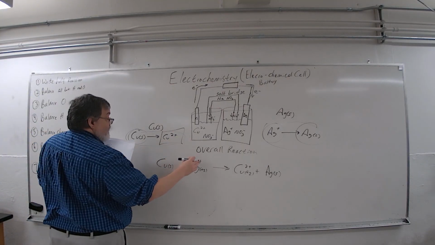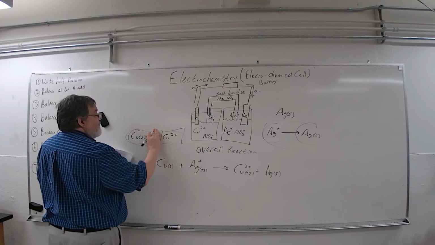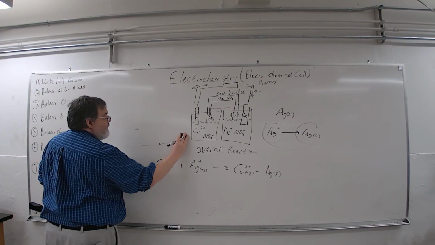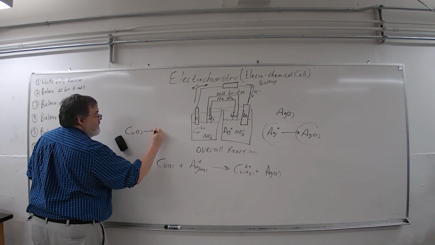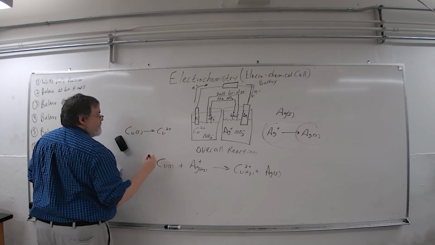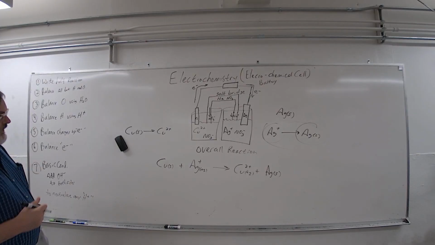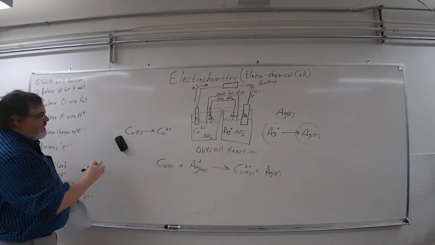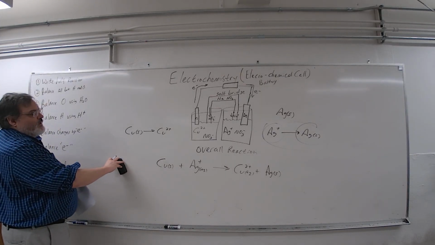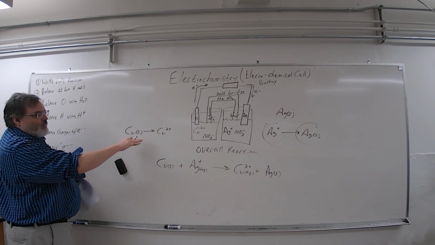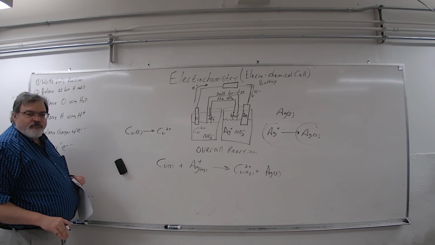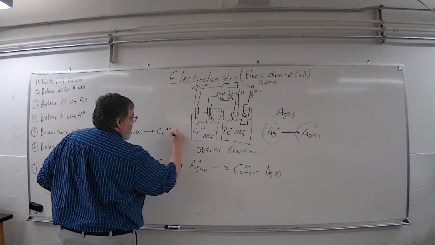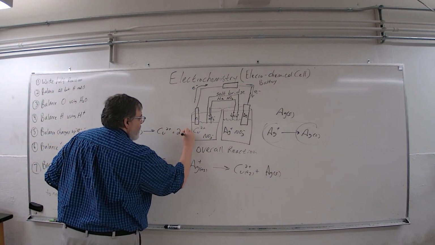So over here, you also typically write Cu solid becoming Cu2 plus. Okay. If I wanted to include the electron here, where would I write it? Left or right? Right side. I would put 2 electrons over here.